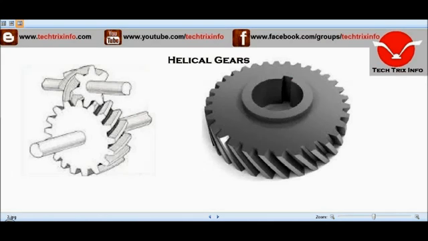When two teeth of a helical gear system engage, the contact starts at one end of the tooth and gradually spreads as the gears rotate until the two teeth are in full engagement. This gradual engagement makes helical gears operate much more smoothly and quietly than spur gears. For this reason, helical gears are used in almost all car transmissions.